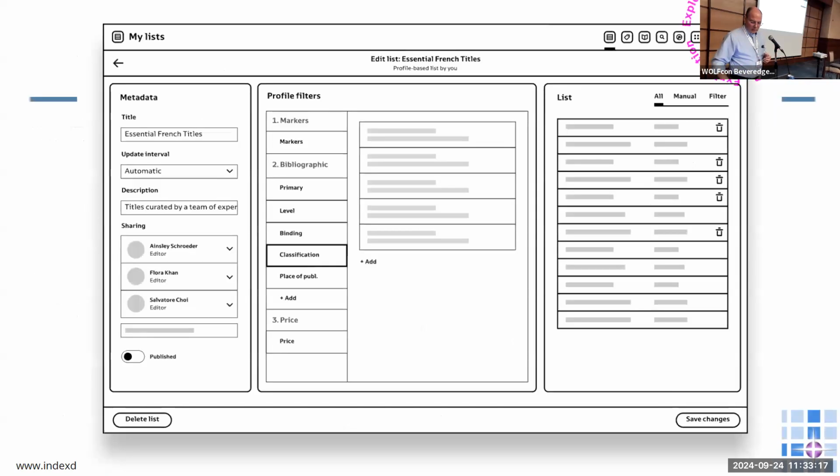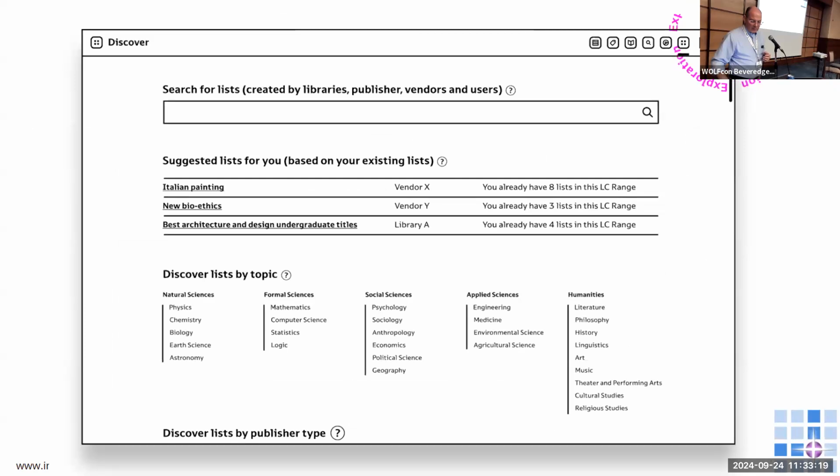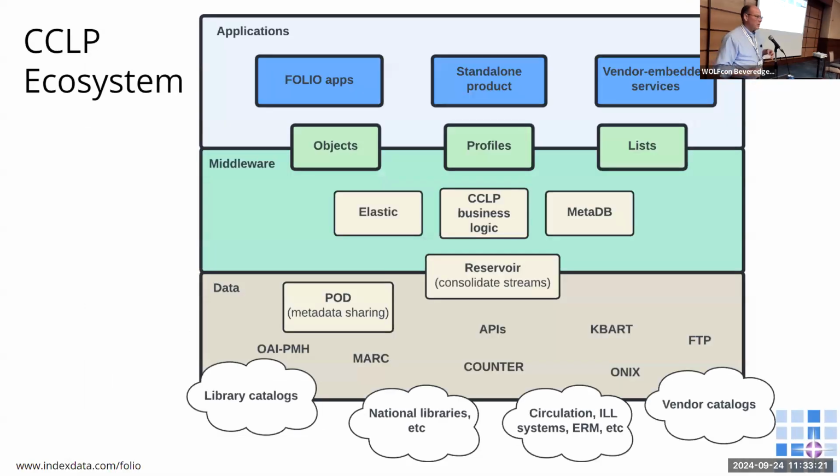We're really excited about the opportunity to leverage MetaDB as part of the core hub of all of that interaction. And again, the point of this talk was to say that MetaDB or LDP in the FOLIO world, or maybe in the reshare world as well, is relatively well understood in terms of its role.